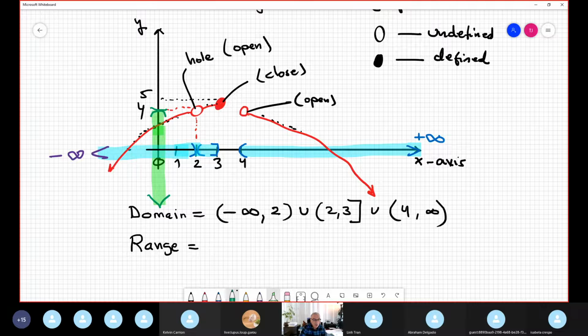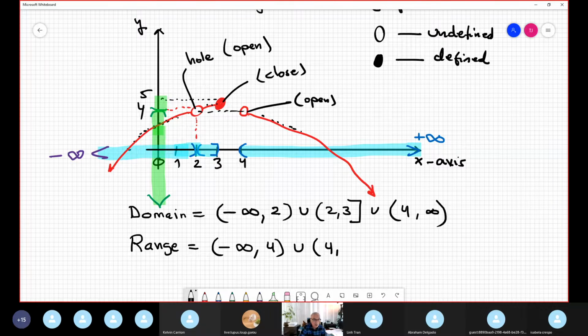In this small interval. Okay, so my range is from negative infinity, comma 4, parenthesis, not bracket, not including 4, because I can see we have a hole here and a hole here. It's a coincidence. Union 4, 5.